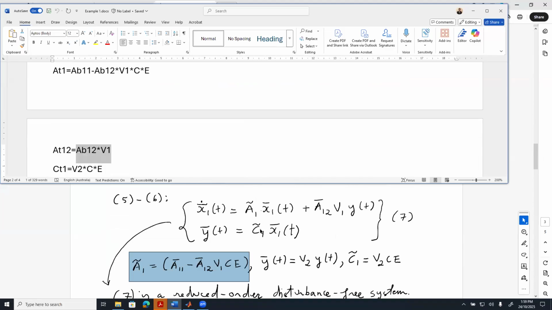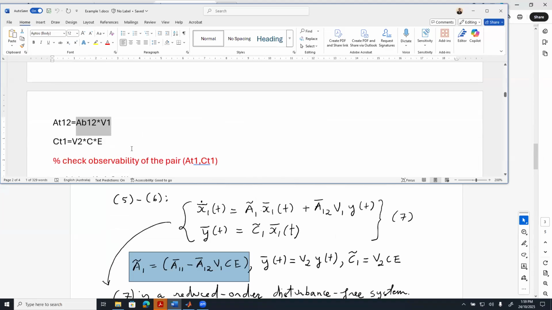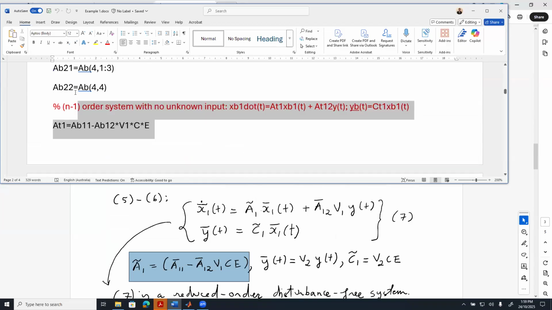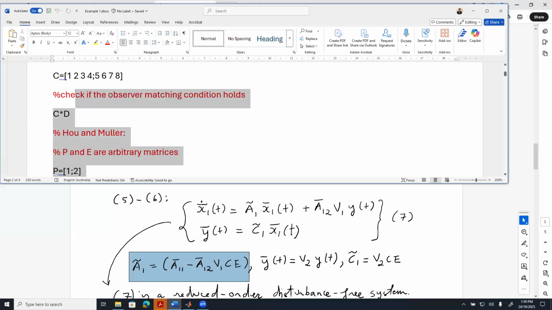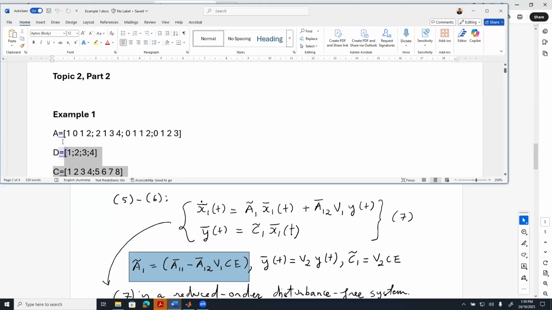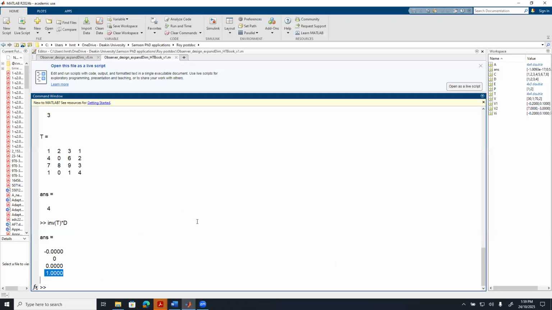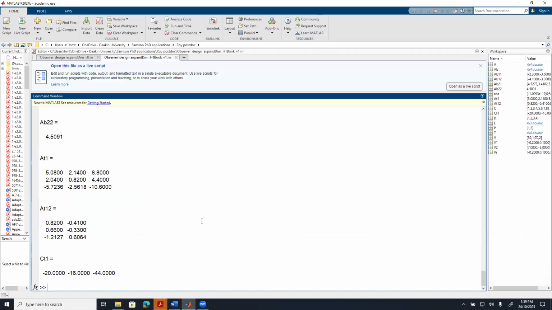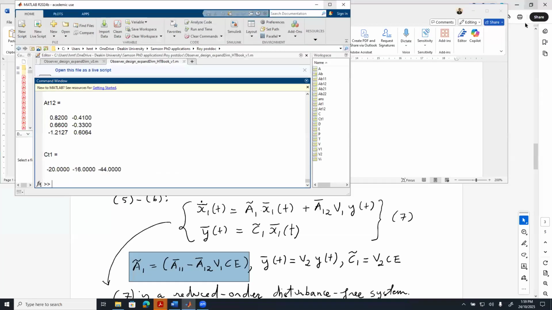And then we also obtain this output matrix C1 tilde, and it is equal to V2C. So if we execute this code, then we would be able to obtain an n-1 reduced order disturbance-free system. And we obtain those submatrices accordingly.